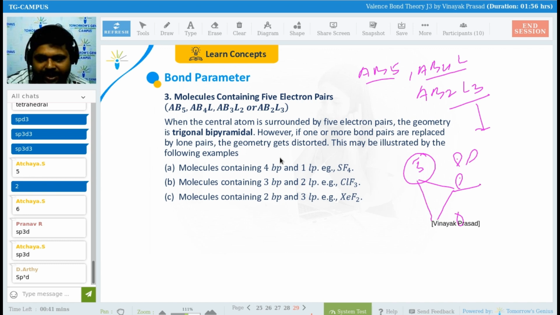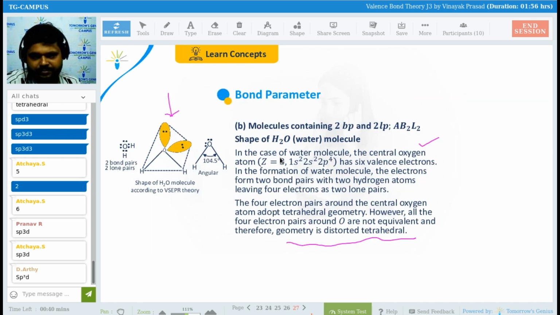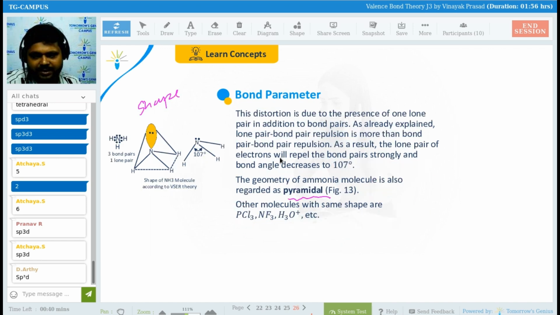So their shape is changed, but the geometry is the same. That is trigonal bipyramidal. Why bipyramidal? One will be upward and one will be downward. When the central atom is surrounded by 5 electron pairs, the geometry is trigonal bipyramidal. Getting my point? Everyone, are you clear with this?